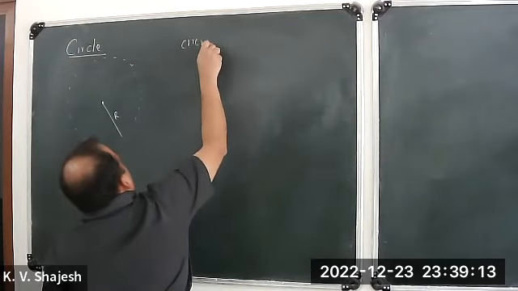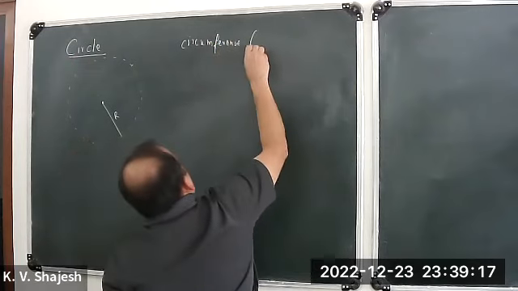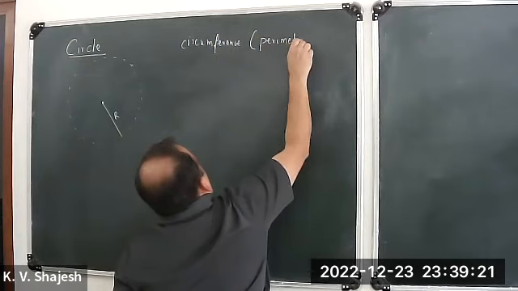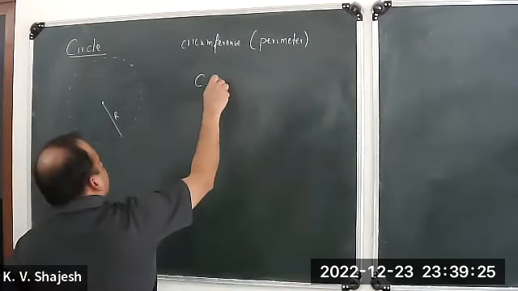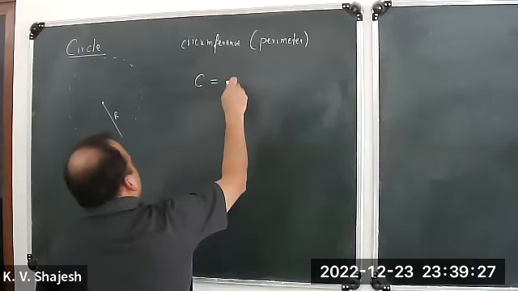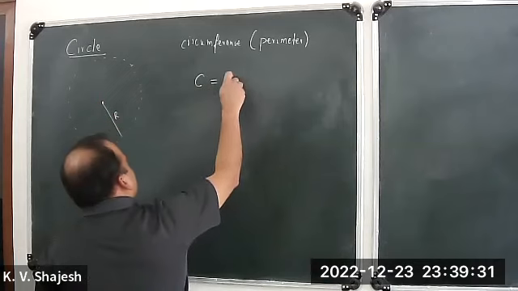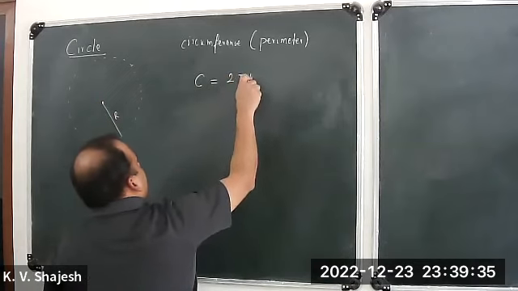So circumference is the same as perimeter. And the circumference of a circle is equal to the diameter times pi, and the diameter is 2 times the radius, so it is often written as 2 pi r.